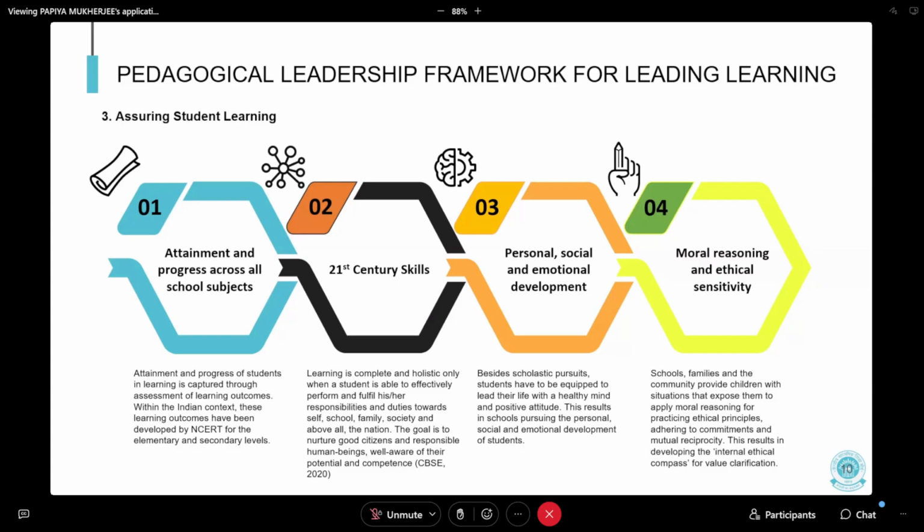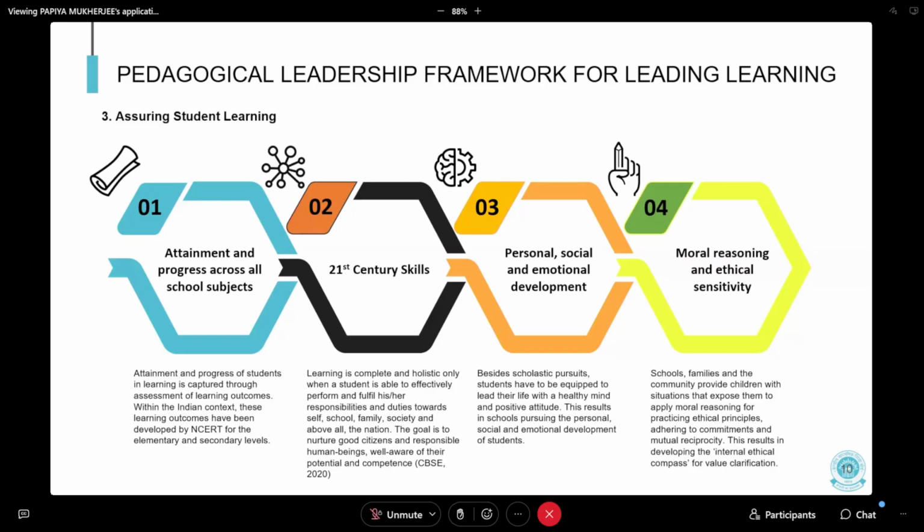It's not that learning can be complete and holistic only when a student can perform and attain academic grades. In order to make learning holistic, a student has to perform his or her responsibilities towards self, school, family, society, and above all, the nation.